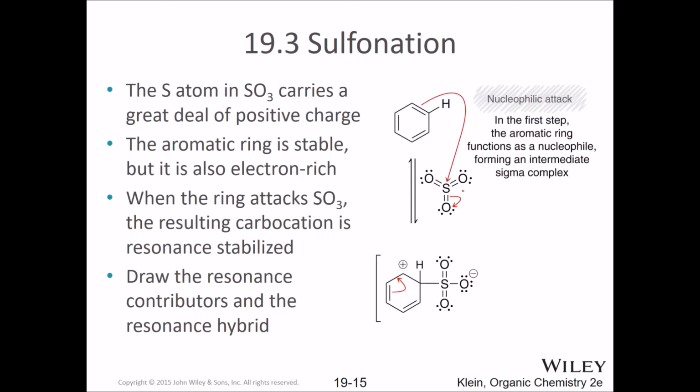So what I've got here is a partial negative, partial negative, a partial negative, and really a bigger partial positive here, right? And it's flat and it's big. So this makes this an excellent electrophile.